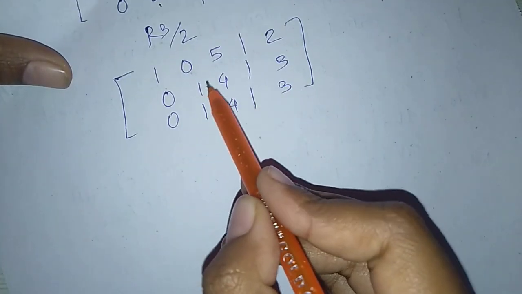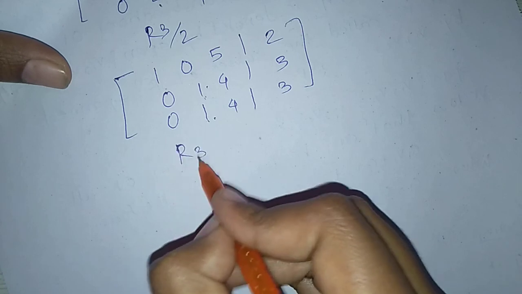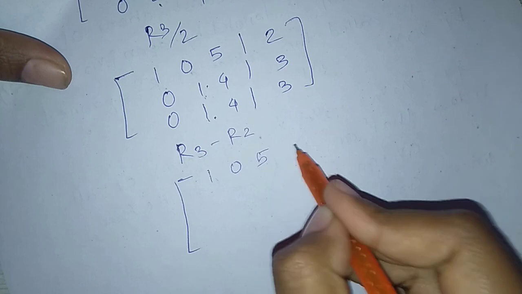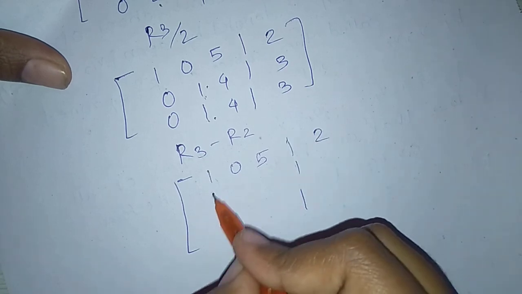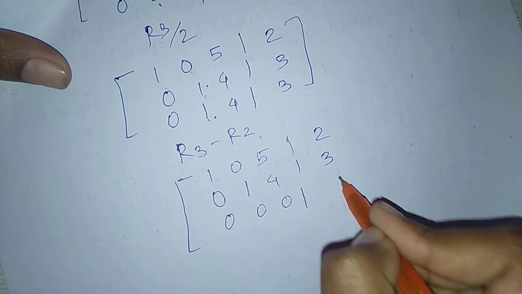Now to make the element 0 below the pivot element by using row operation R3 minus R2, we get first and second row as it is and the third row becomes 0.